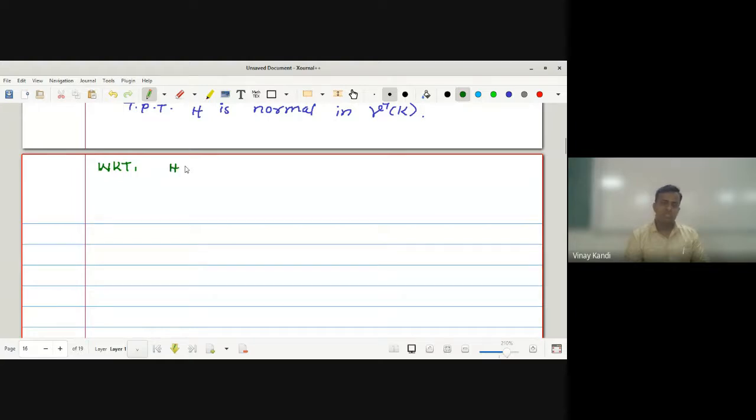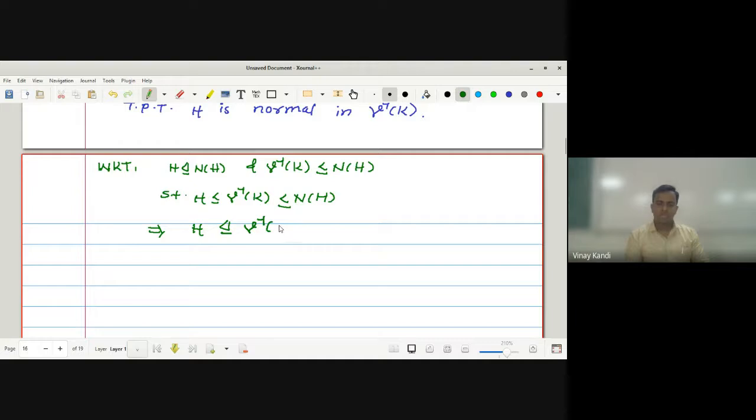If H is a normal subgroup of the normalizer of H, and gamma inverse of K is a subgroup of the normalizer of H, such that H is contained in gamma inverse of K, which is contained in the normalizer of H, this implies that H is normal in gamma inverse of K.